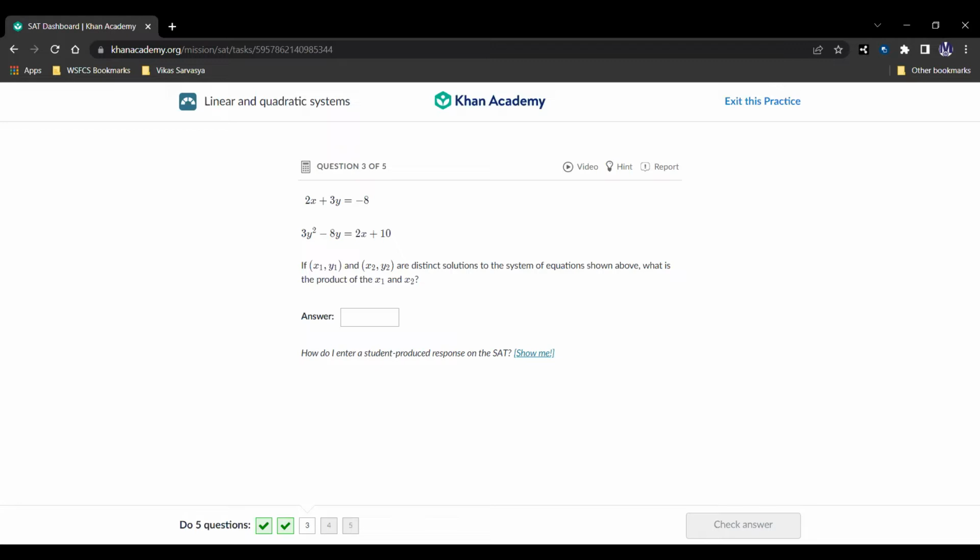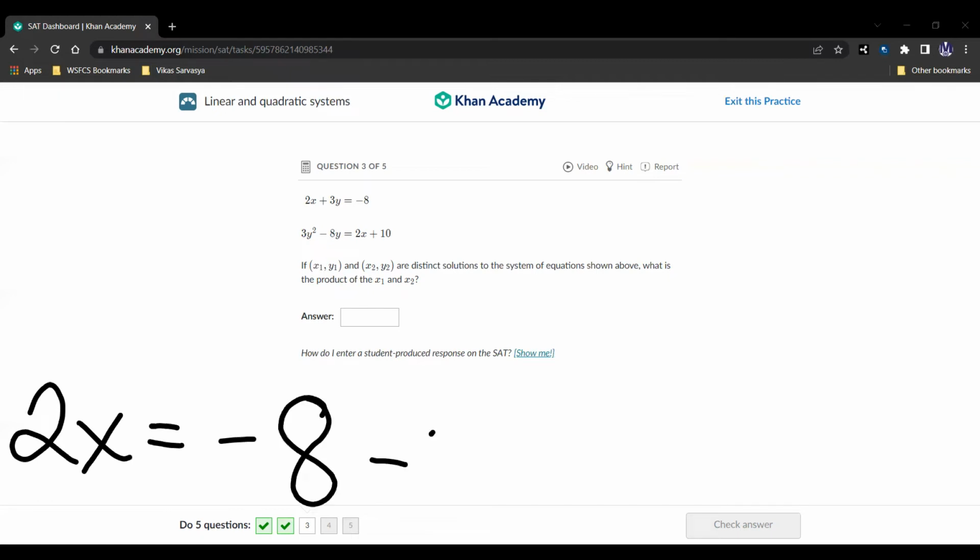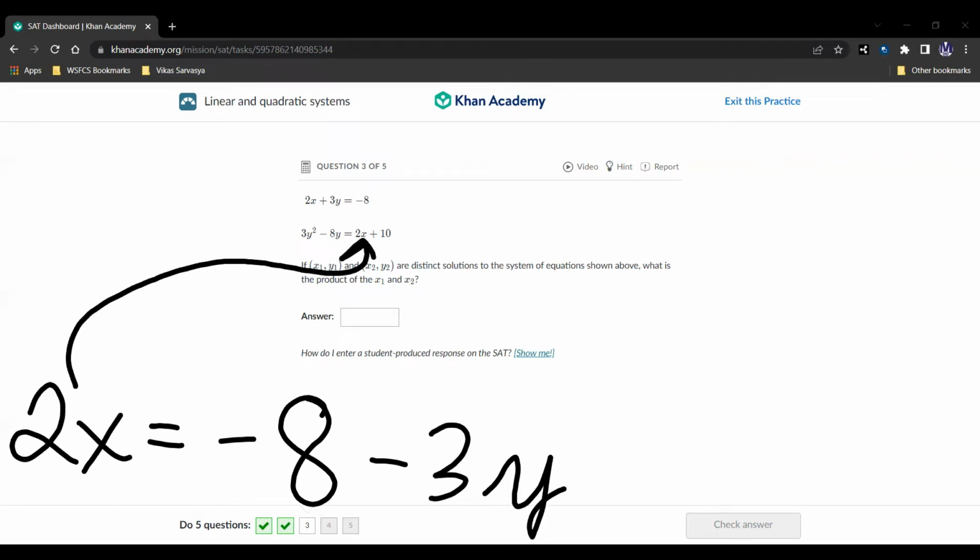Well, what can we do? So we can subtract out the 3y from the first equation, and we get 2x equals negative 8 minus 3y. And then we can take that 2x and substitute it in there, right?